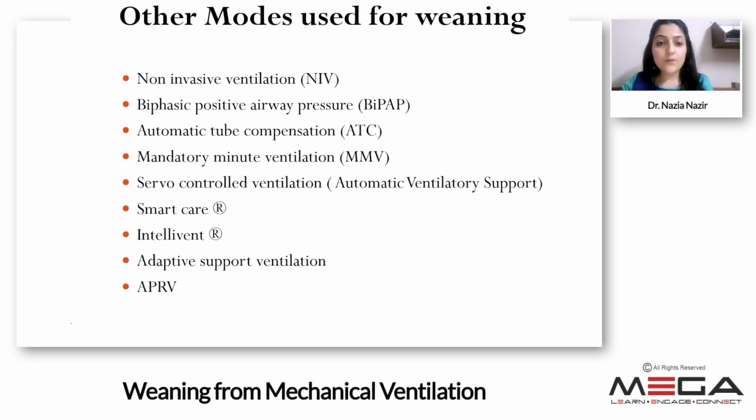The newer methods of weaning which can be used are non-invasive ventilation, BiPAP, automatic tube compensation, servo-controlled ventilation, and newer modes like SmartCare, IntelliVent, adaptive support ventilation, APRV and others.